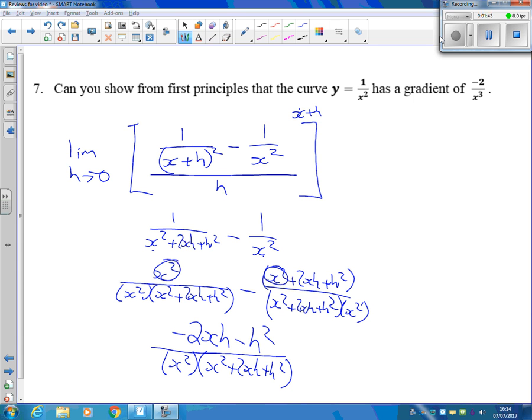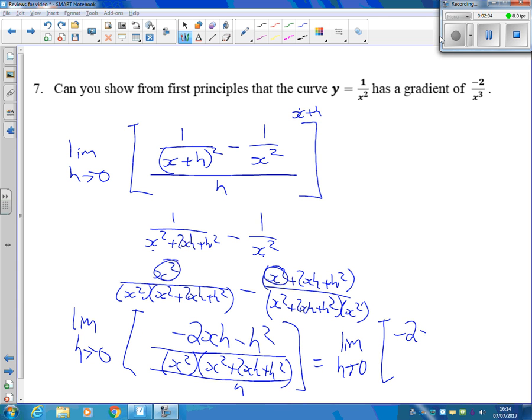And we're trying to find the limit as h tends to 0 of all of that divided by h. Well, we've got some horrible fractions going on there, but if I just divide that top by h, that will help us. So we've got minus 2x minus h over the big thing.